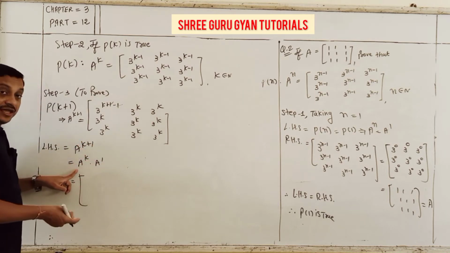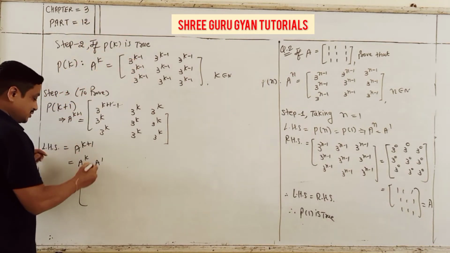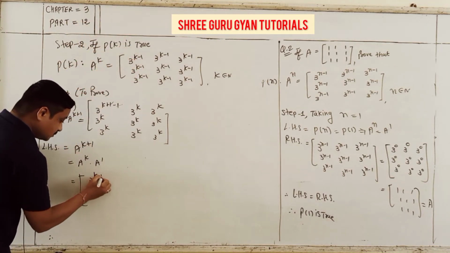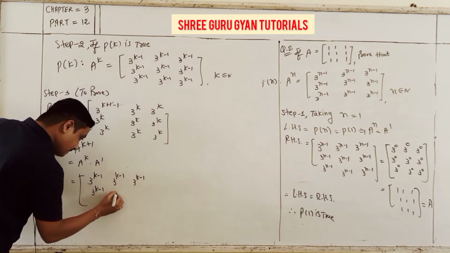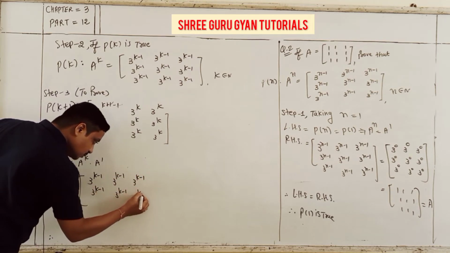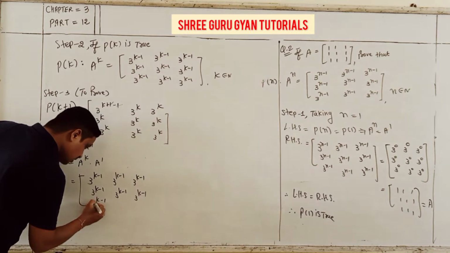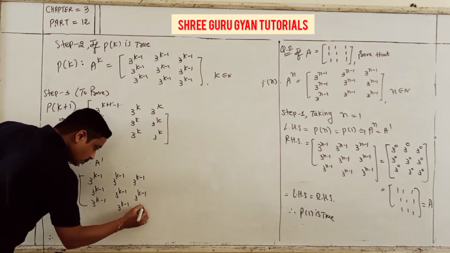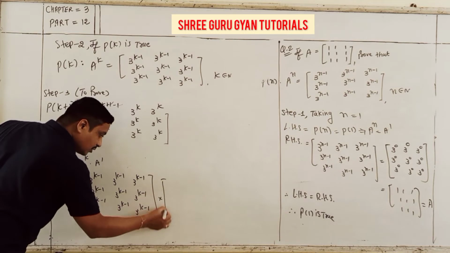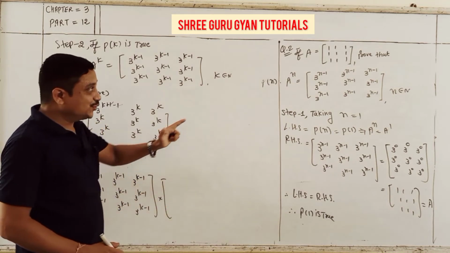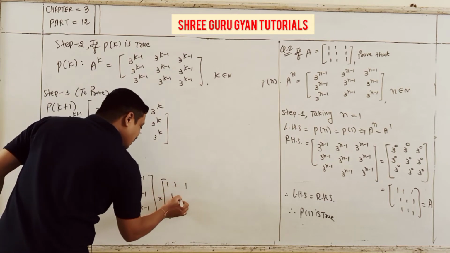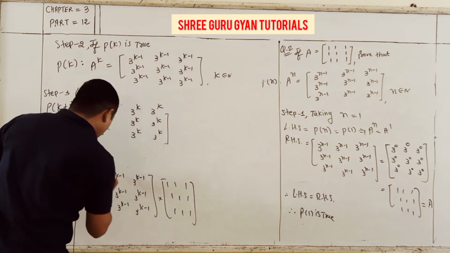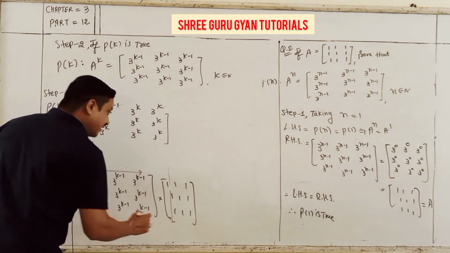And A raised to k, from your step 2, is 3 raised to k minus 1 in all entries, into A. A is known, all elements are 1, and you apply the product rule between first row with second matrix.